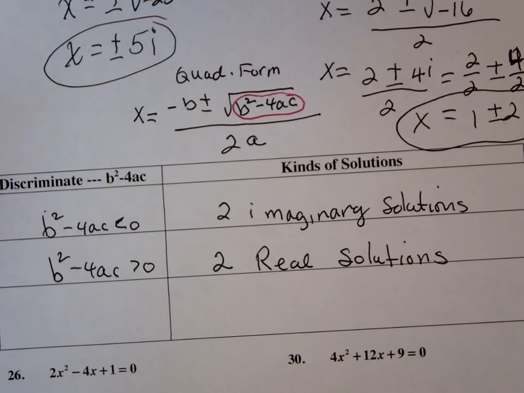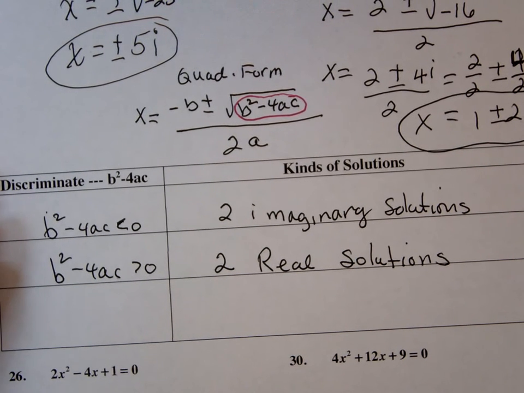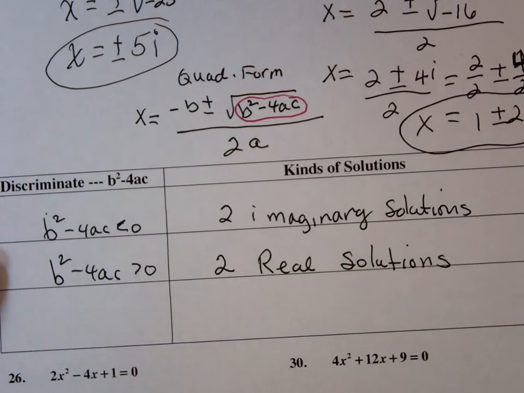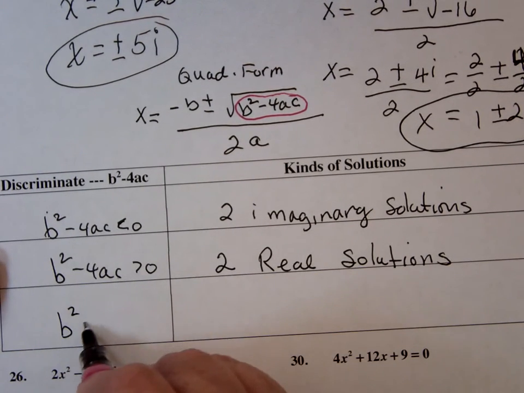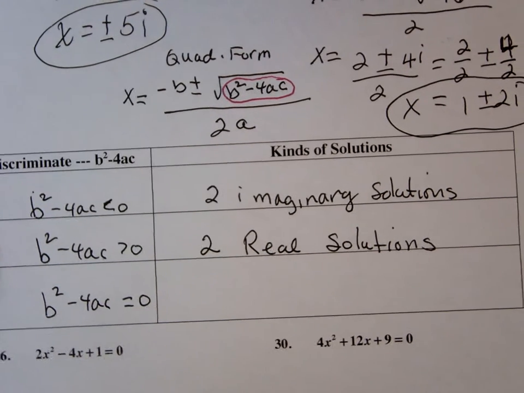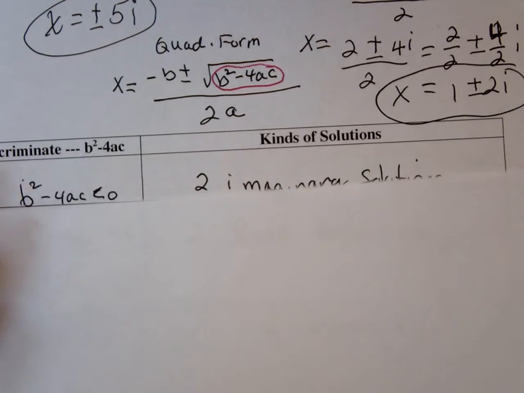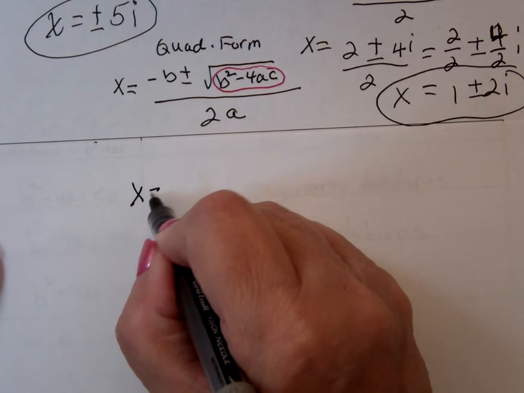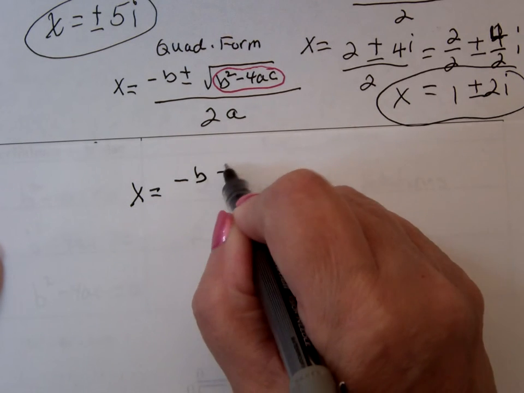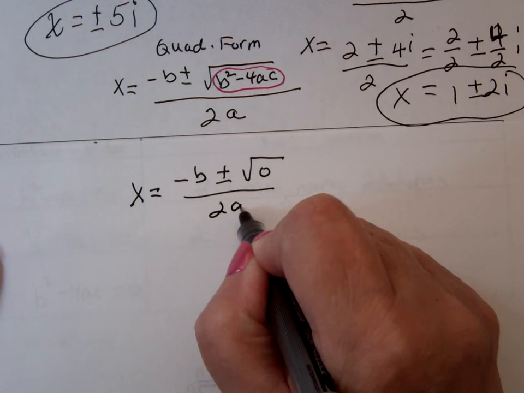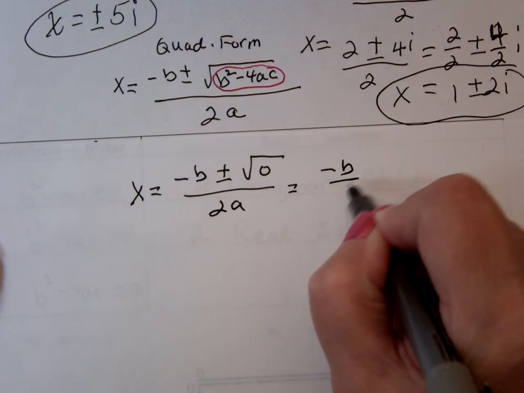Now the next question would come in, and I'm going to do it on the back of this one. What if b squared minus 4ac is 0? Well, if b squared minus 4ac is 0, I would have x equal to minus b plus or minus the square root of 0 over 2a, which is just minus b over 2a.